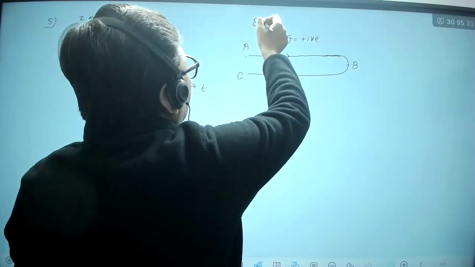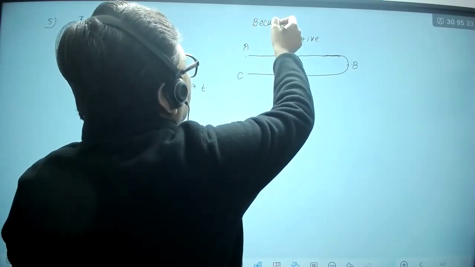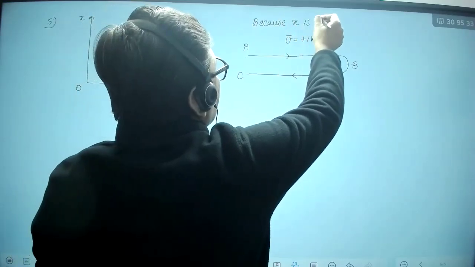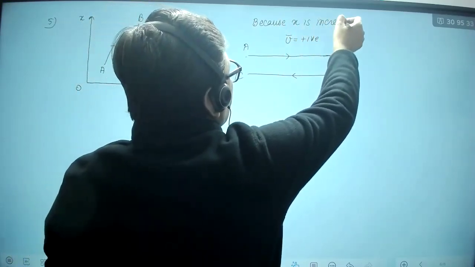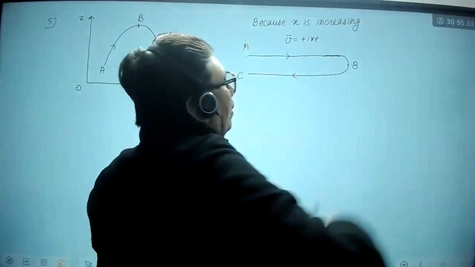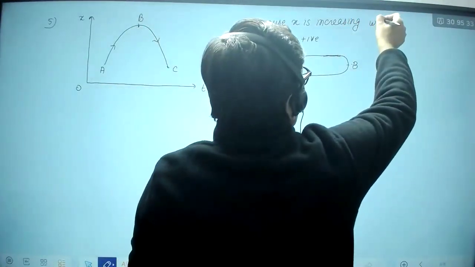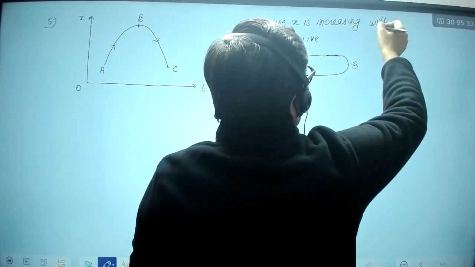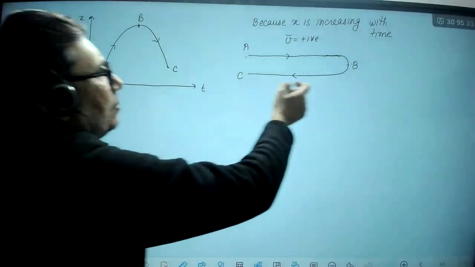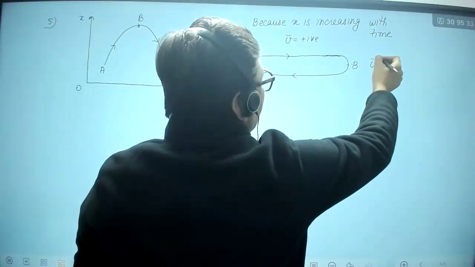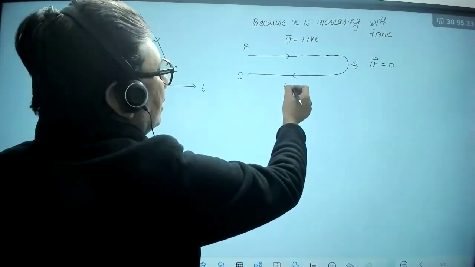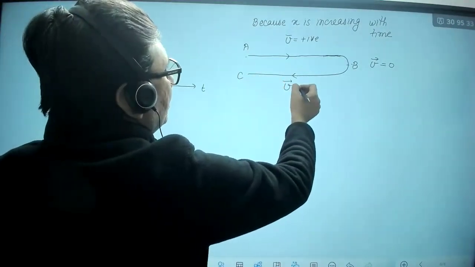Because x is increasing with time. At this point B, velocity becomes 0. After this, the particle is moving in this direction, and velocity is negative.